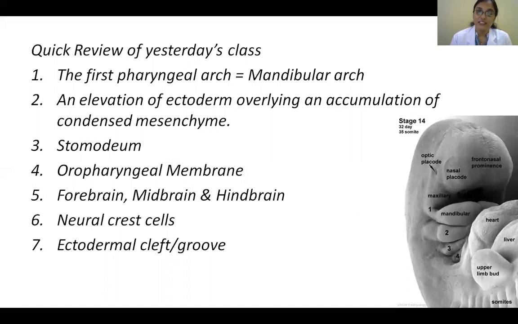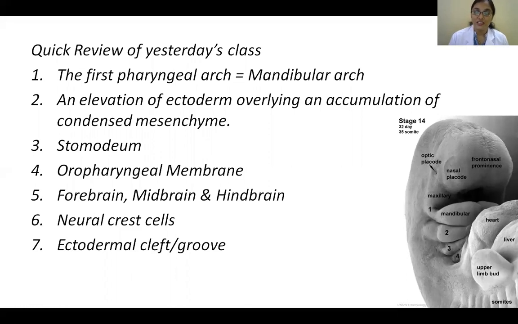And the 3 brain vesicles. You should remember that the neural tube forms the central nervous system, which is composed of the brain and the spinal cord. The cranial-most part of the neural tube has 3 enlarged brain vesicles: the forebrain, midbrain, and hindbrain. Along the dorsolateral aspects of these vesicles, we have the neural crest cells, which are continuous with the truncal neural crest cells.